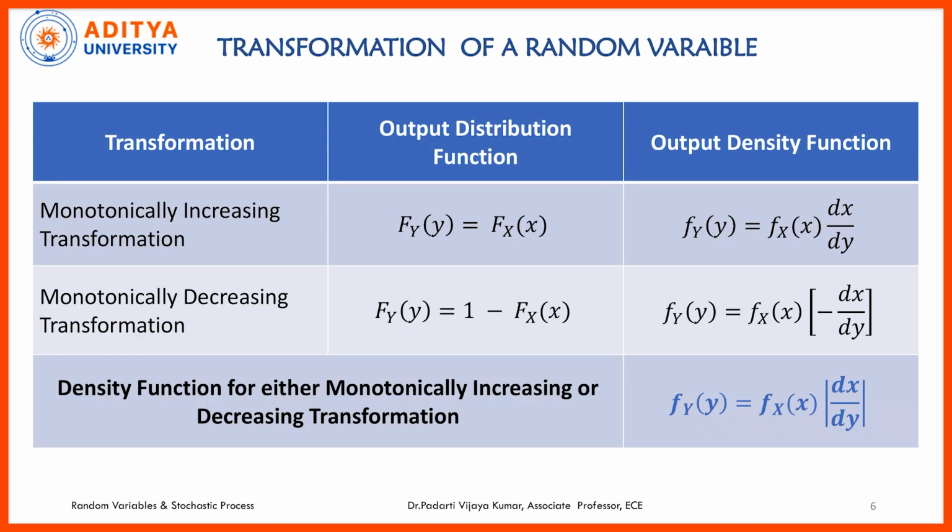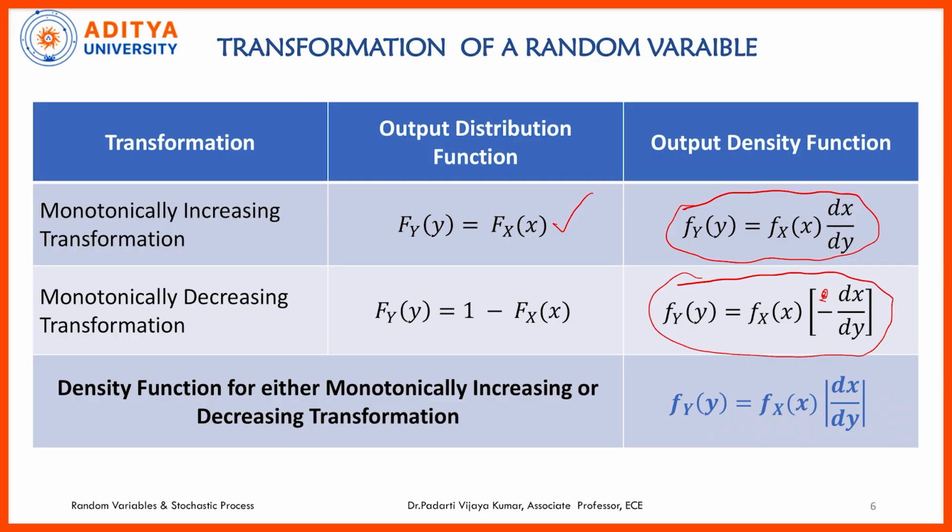Whenever the function is monotonically increasing or monotonically decreasing, there is a relationship between the distribution functions and density functions. Distribution function Fy of y is equal to Fx of x, whereas the density function, this is more important, the density function of the newly formed random variable is equal to dx by dy into fx of x. Similarly, for a monotonically decreasing function, fy of y is equal to fx of x into minus of dx by dy.